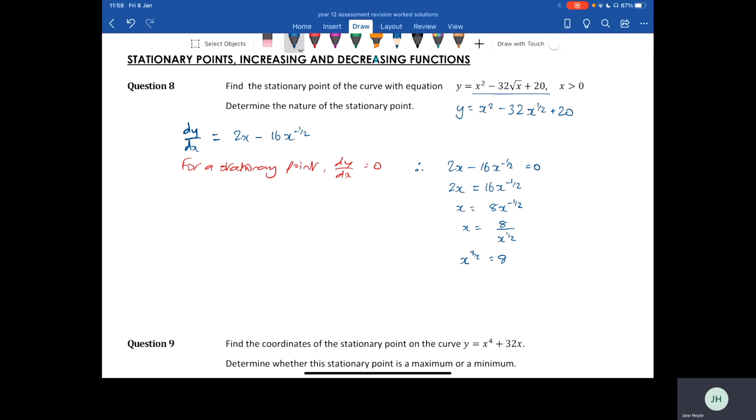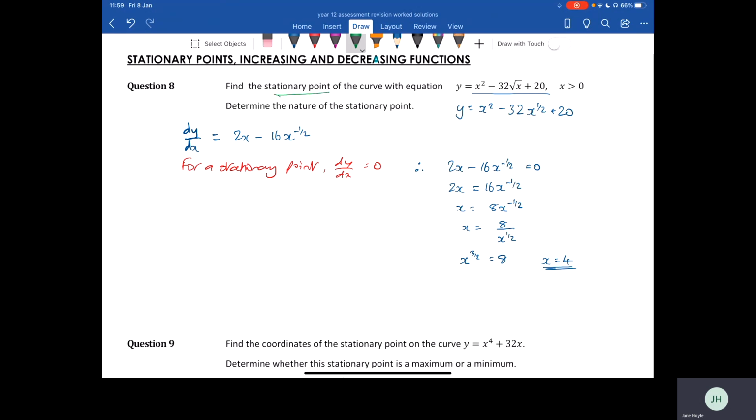If x to the power of 3 over 2 is equal to 8, then x is equal to 4. Because 4 to the power of a half, the square root, is 2, and then 2 cubed gets me an answer of 8. Okay, so that is the x value of my stationary point.